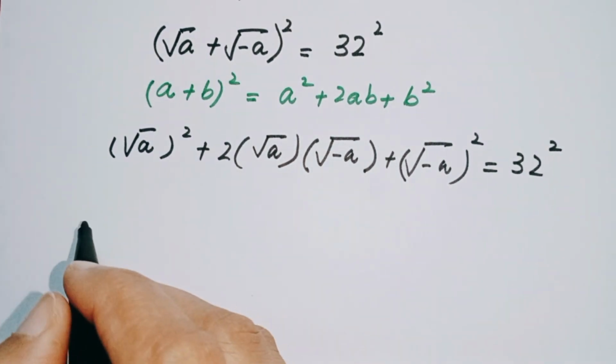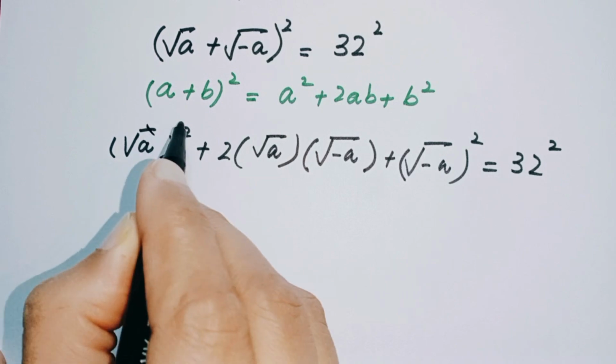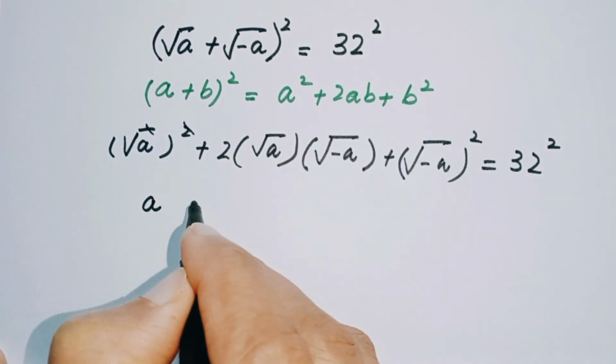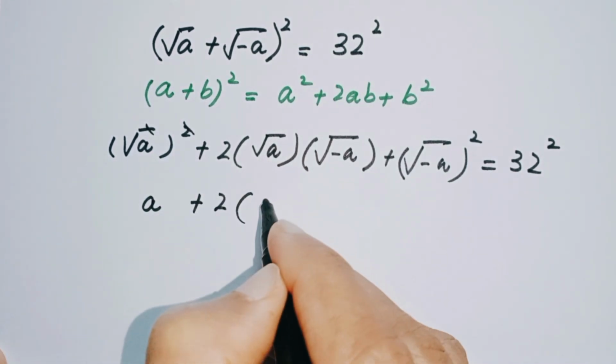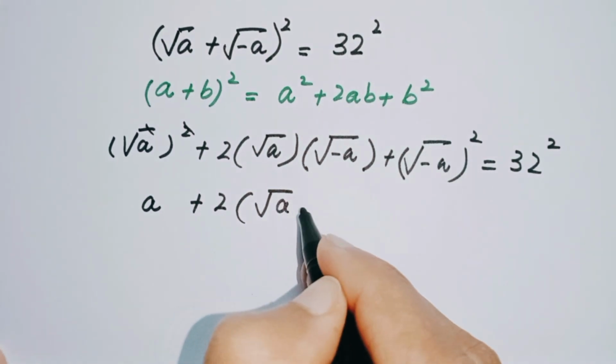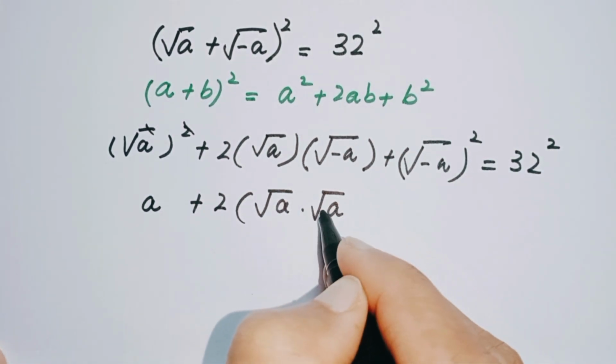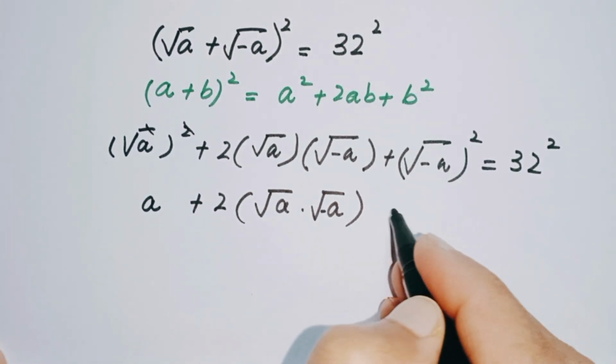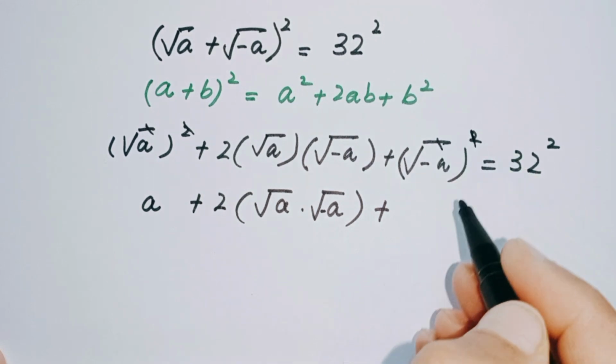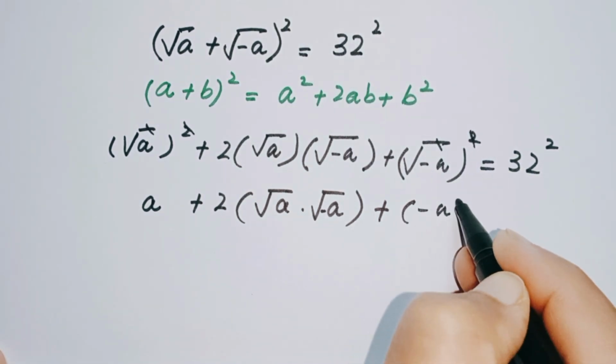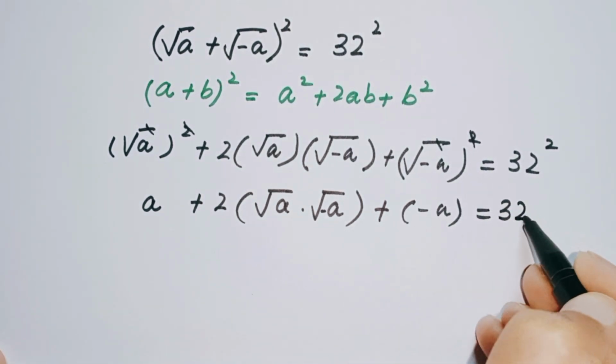So in the next step, the square will cancel out with the square root and we will be left with a plus 2 times square root a times square root minus a. Here we have plus, the square root will cancel out the square and we will be left with minus a is equal to 32 square.